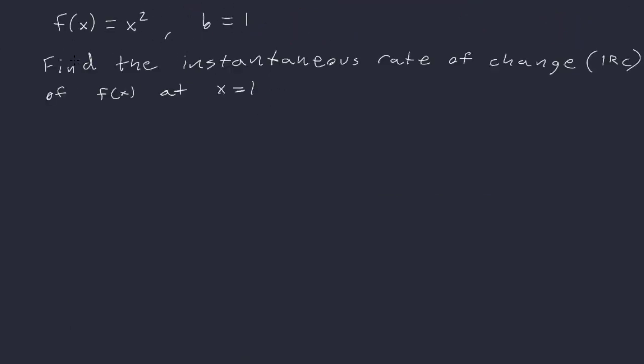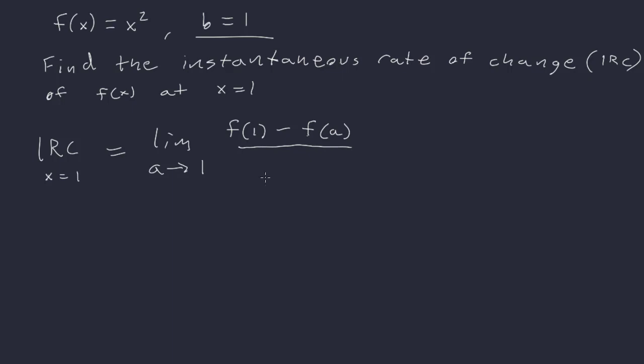In other words, if we want to find the instantaneous rate of change of f of x at x equals 1, this is essentially letting b equal 1 and then calculating the limit as a goes to 1 of f of 1 minus f of a all over 1 minus a.